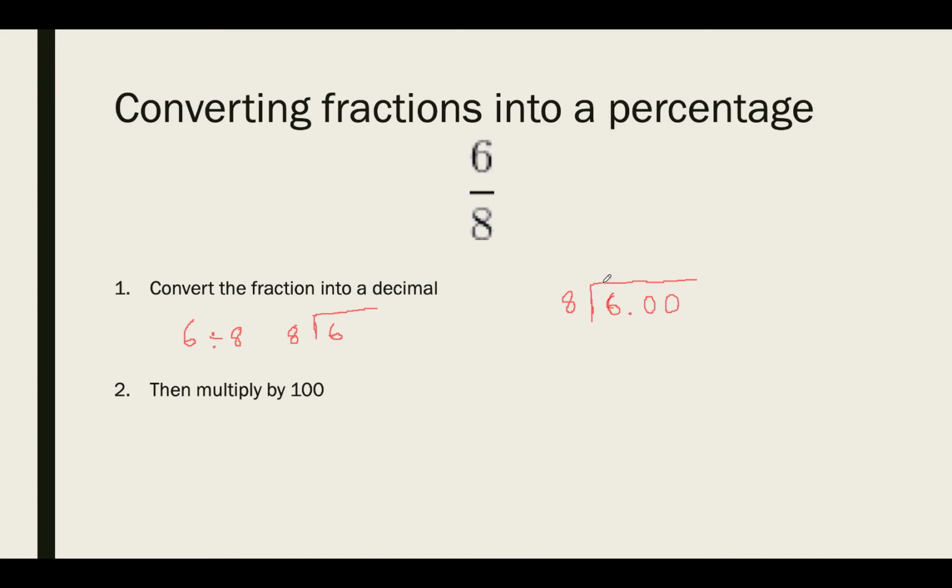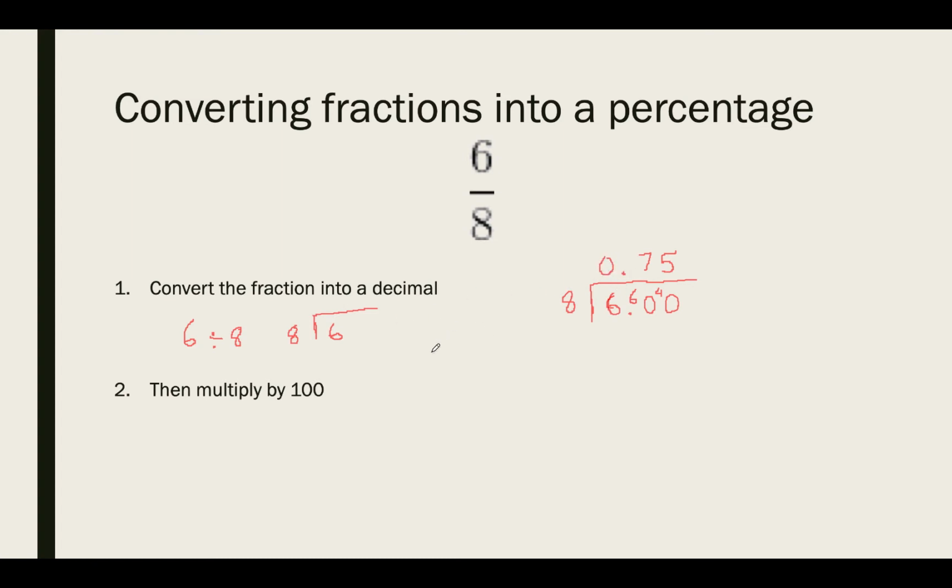It doesn't go in any times, so we carry the 6 over, and we see how many times does 8 go into 60. Well, 8 goes into 60 seven times, which is 56, and that leaves us with a remainder of 4. And how many times does 8 go into 40? It goes in 5 times, so we get 0.75.